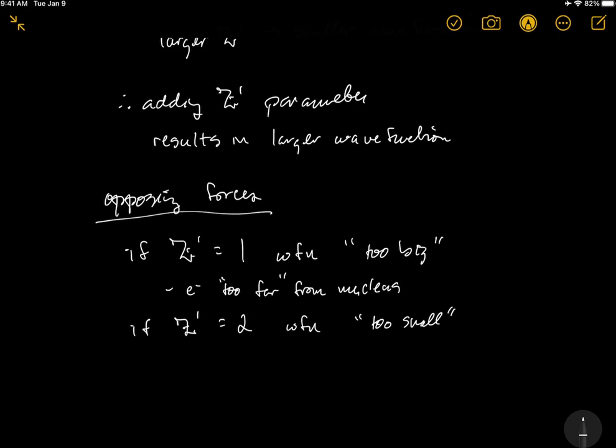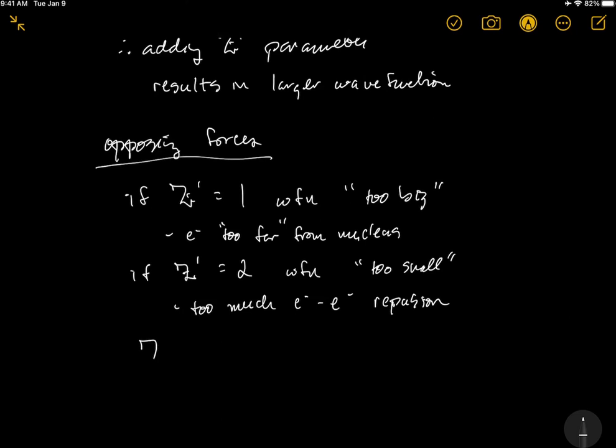However, because the electrons are small and overlapping the same region of space, there's going to be too much electron repulsion. And therefore, Z prime of 27/16 is just right. It balances these two sort of forces.